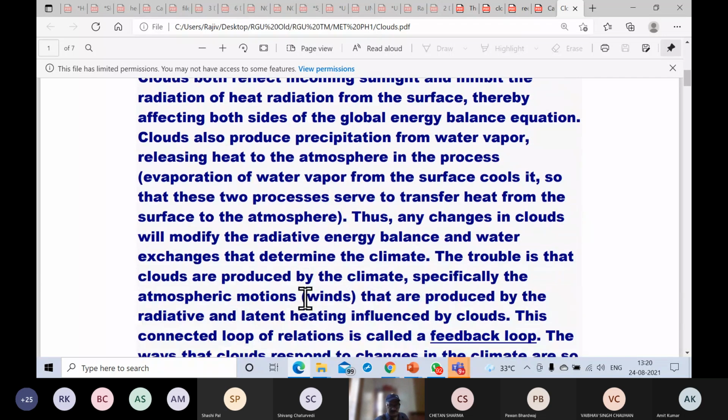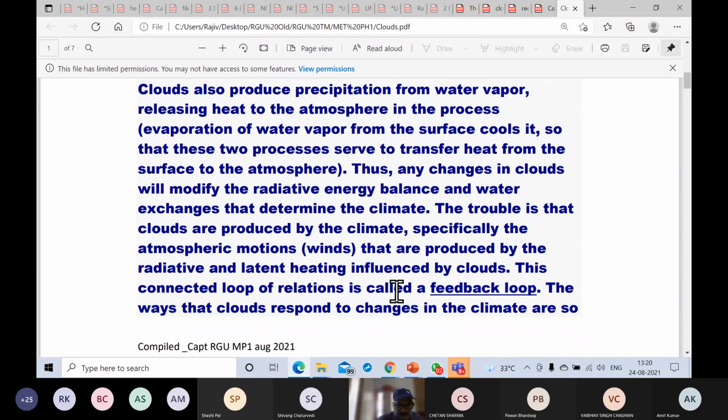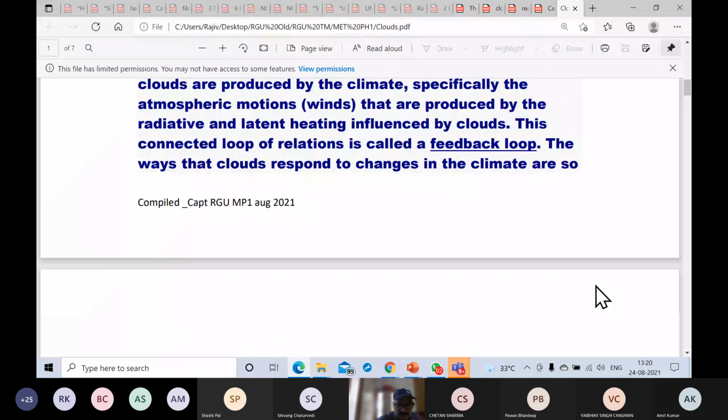So balance has to be achieved, but if clouds are present, they will modify the relative energy balance, which means the exchange of heat from sea surface to atmosphere. Because cloud cover is there, the radiation from the atmosphere into the sea surface is going to be imbalanced, which is going to produce a weather change. So this will influence weather.